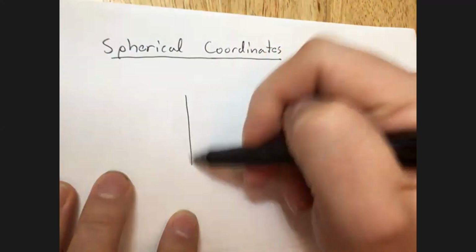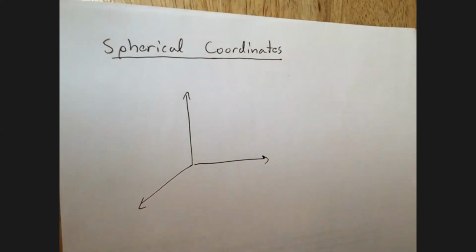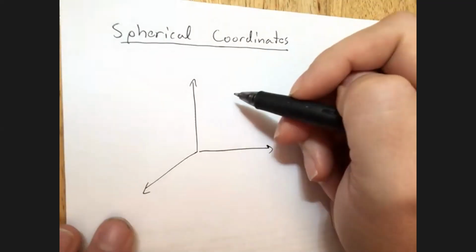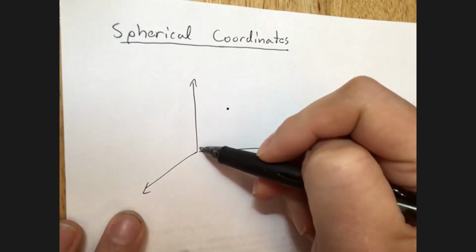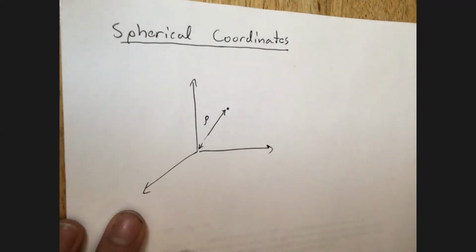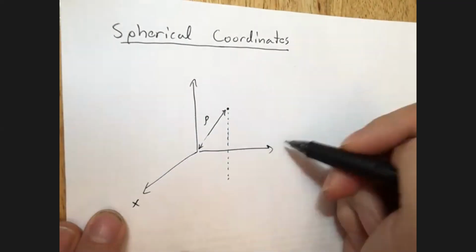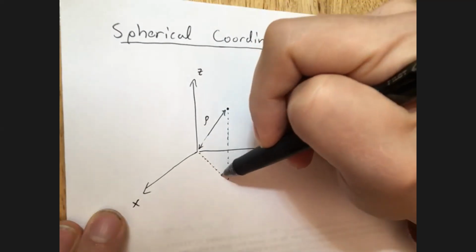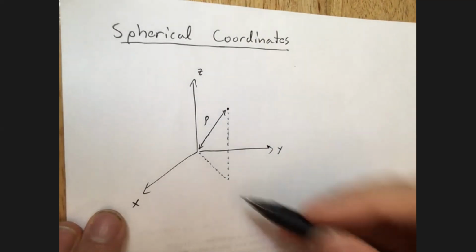Let me try to motivate how these equations are going to come about. I'll do the best I can drawing in 3D on this two-dimensional sheet of paper. So I'm going to take a point in space over here. It has some distance to the origin, right? That's rho. Now, if I drop that point down into the xy plane, I can look at the shadow of that line here that I labeled rho in the xy plane.